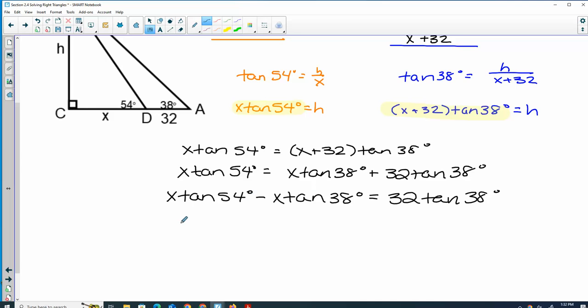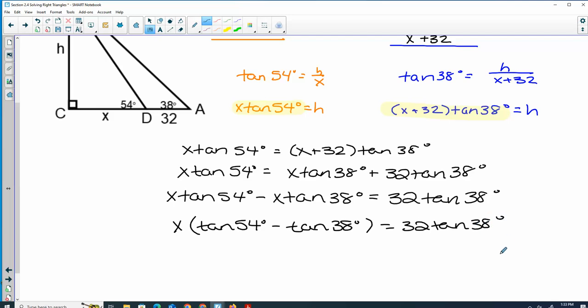They both have X, so we could factor it out. So then it's X times something, so we can divide. We get 32 tangent 38 on top.